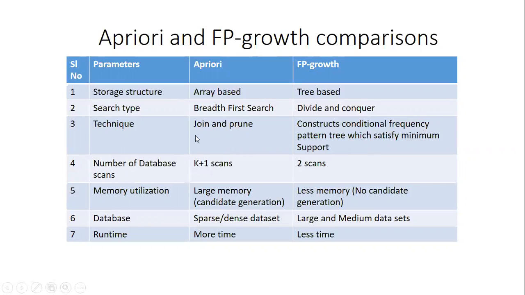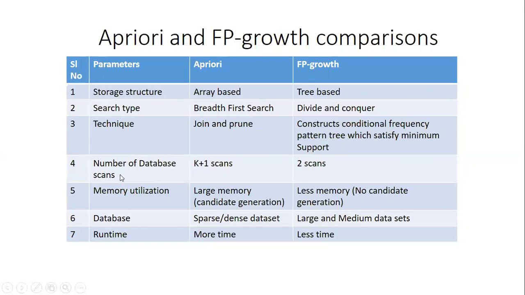We prune the infrequent itemsets using the Apriori principle. In FP growth, we construct the conditional frequent pattern tree, which we just discussed in the previous slides, satisfying the minimum support.